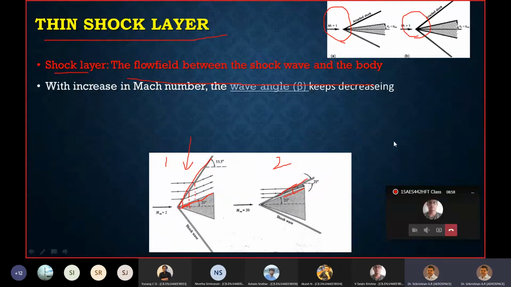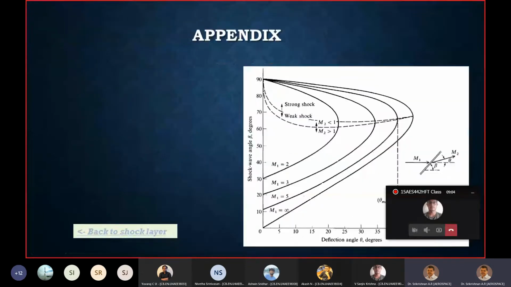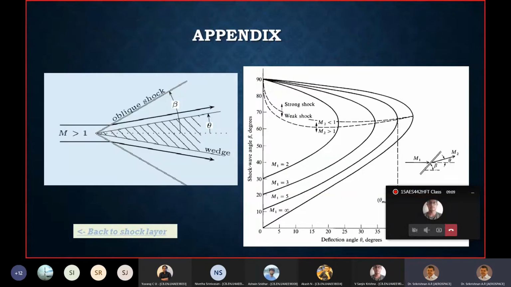We should immediately recall what is wave angle. For that, I'm taking you to this familiar M theta beta diagram that we have discussed in detail in hypersonic flows. M is Mach number, theta is the flow deflection angle, that is the included angle of the body or the half angle of the corner, and beta is the pressure wave angle.